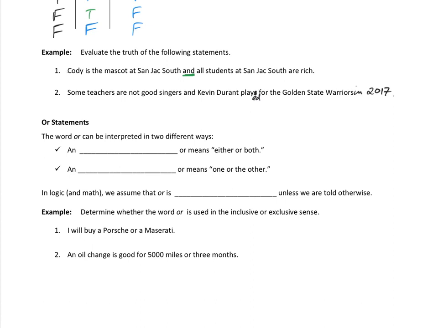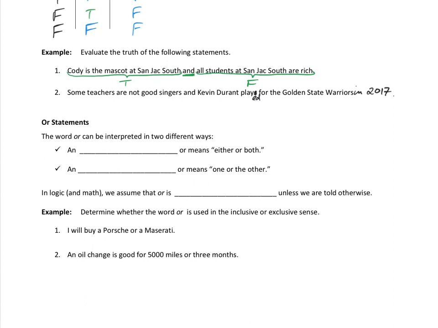Some of you out there in YouTube world may not know this. In fact, some students at San Jack South may not know this, but Cody is in fact the mascot for San Jack South. So this is true. The other proposition we have here is that all students at San Jack South are rich. And that is definitely not true.